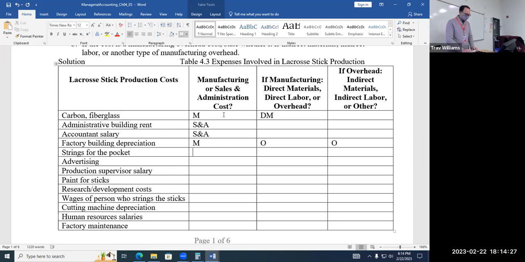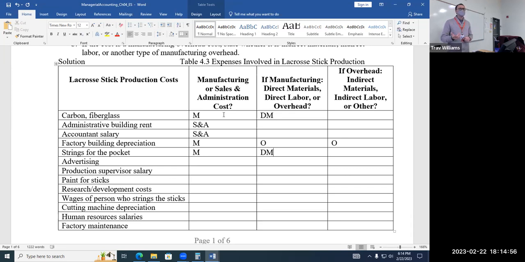It is manufacturing. Is it direct materials, direct labor, or overhead? Well, I would call it direct materials. If you have indirect materials, then that becomes overhead. So what's the fine line between them? I would say for strings, we can pretty much determine how much string gets used per lacrosse stick.